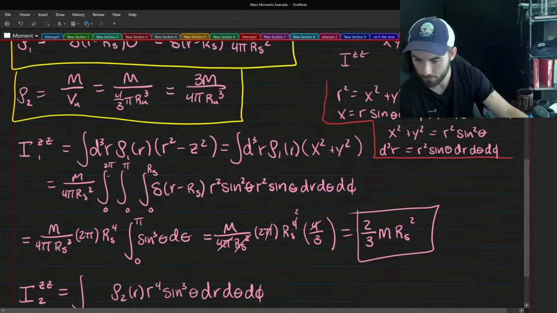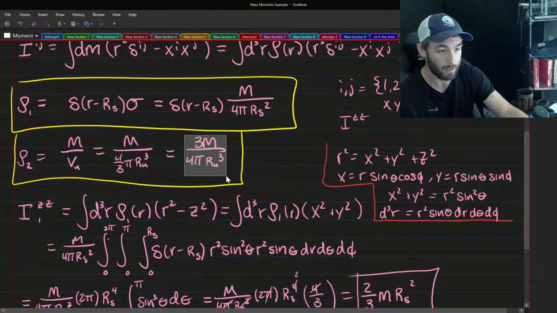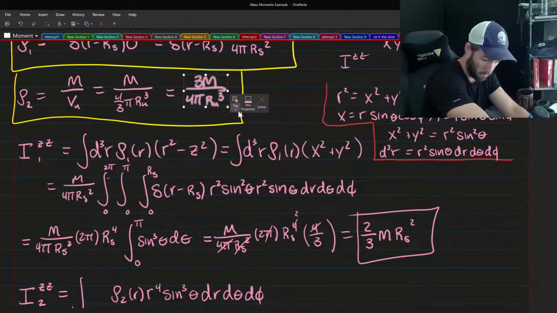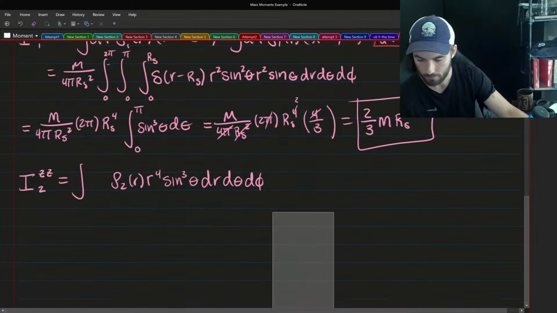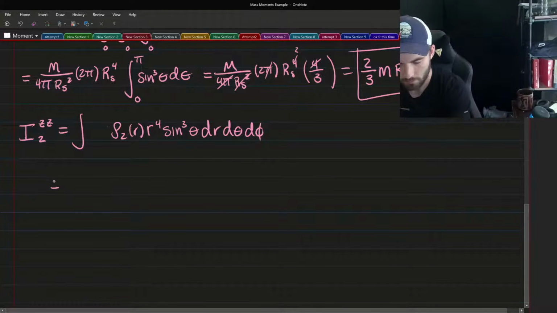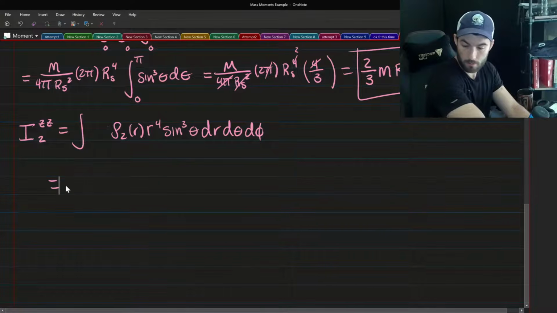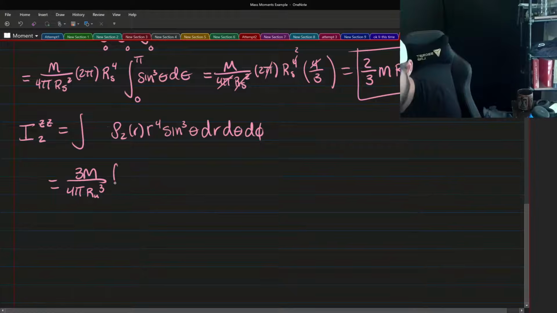Now let's do the integral. This integral will be pretty easy because the density is just constant as well. So we can pull all of the density outside of the integral. So what is that? I'm just going to copy that. Okay, so this is equal to here's our rho times the integral.